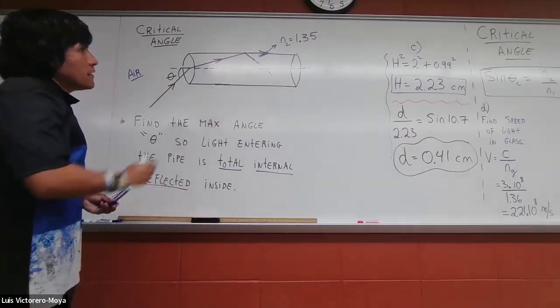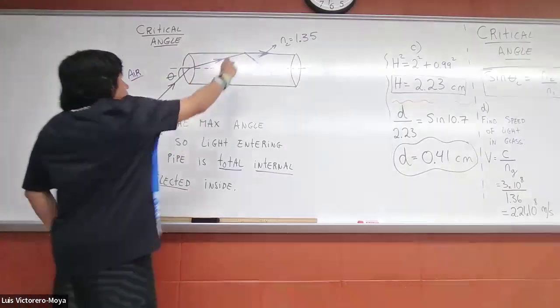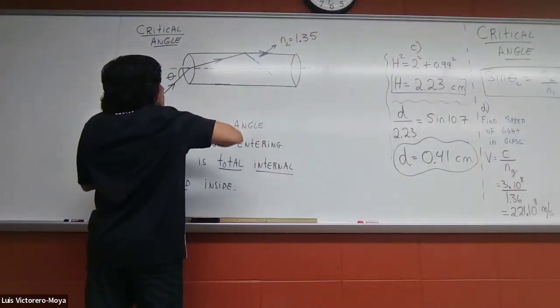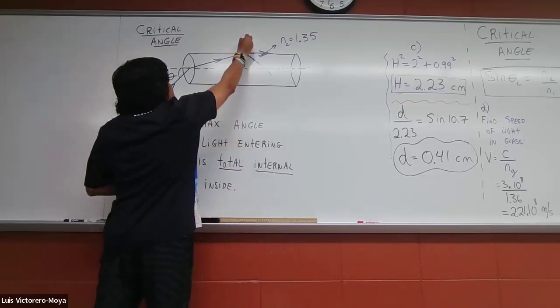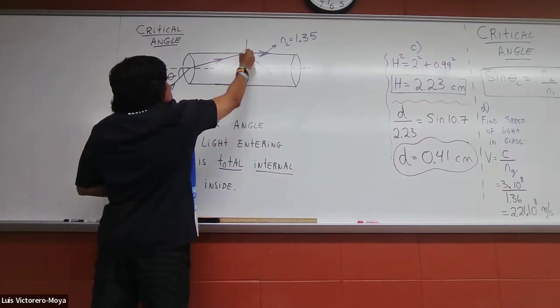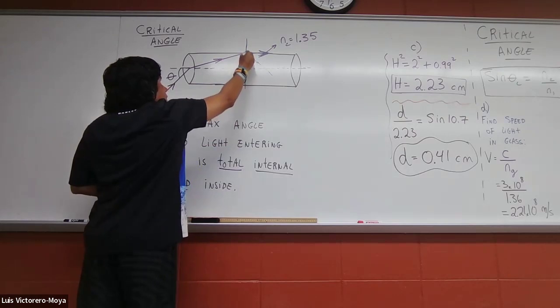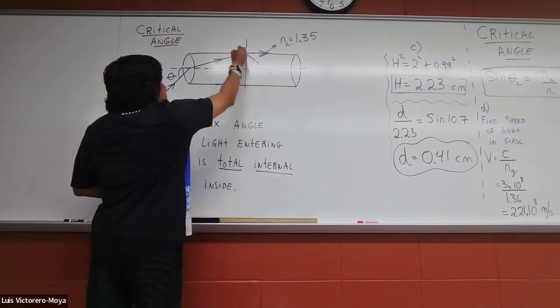So for that, you need a critical angle, but the critical angle is going to happen here. So you have to draw the normal here, or a normal, right? That's 90 degrees.